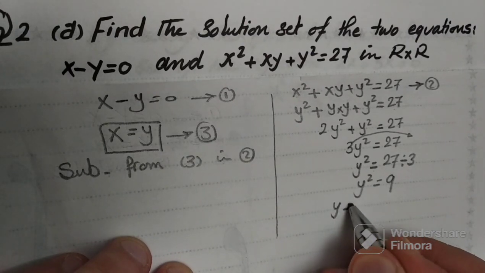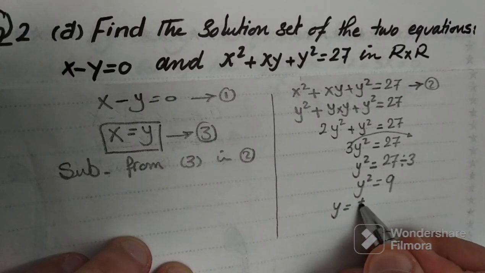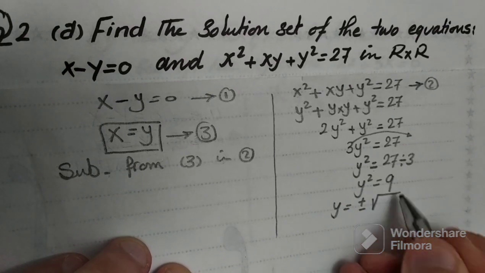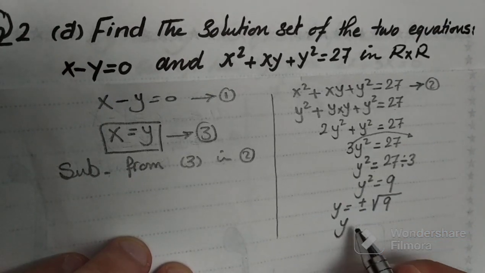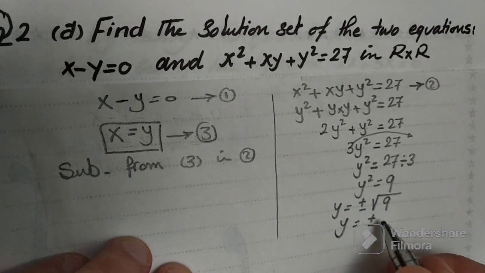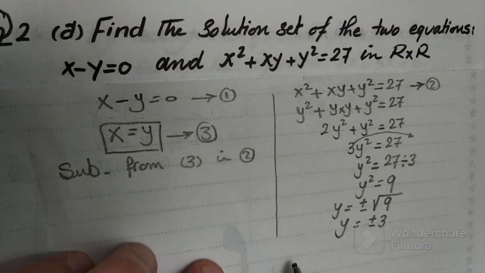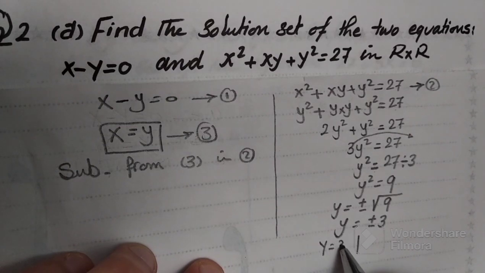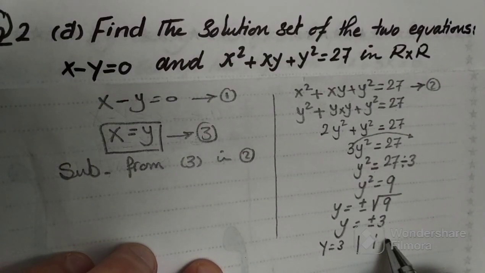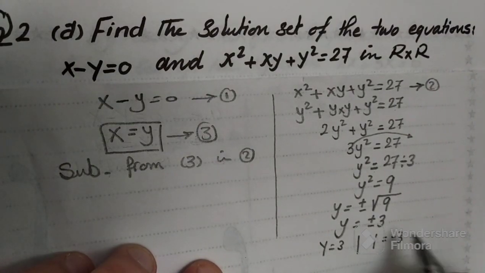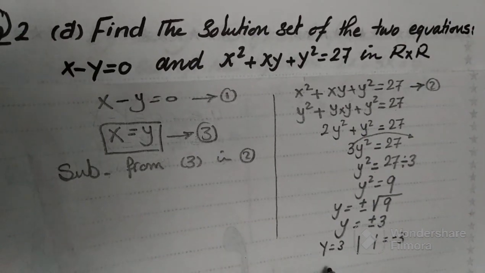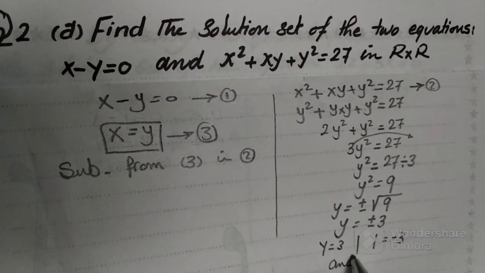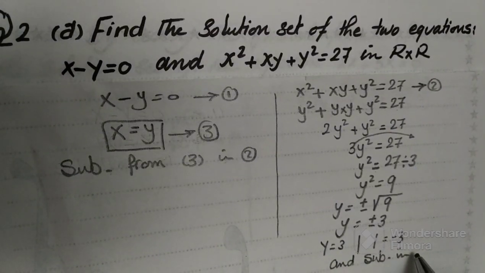Y squared, so y equals positive or negative the square root of 9. Y equals positive or negative 3. Then y may equal 3, y may equal negative 3. And substitute in 3.